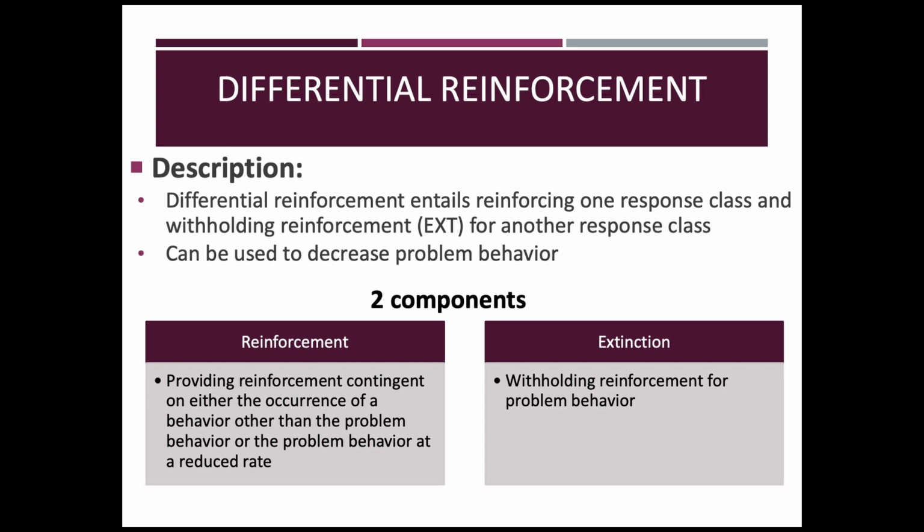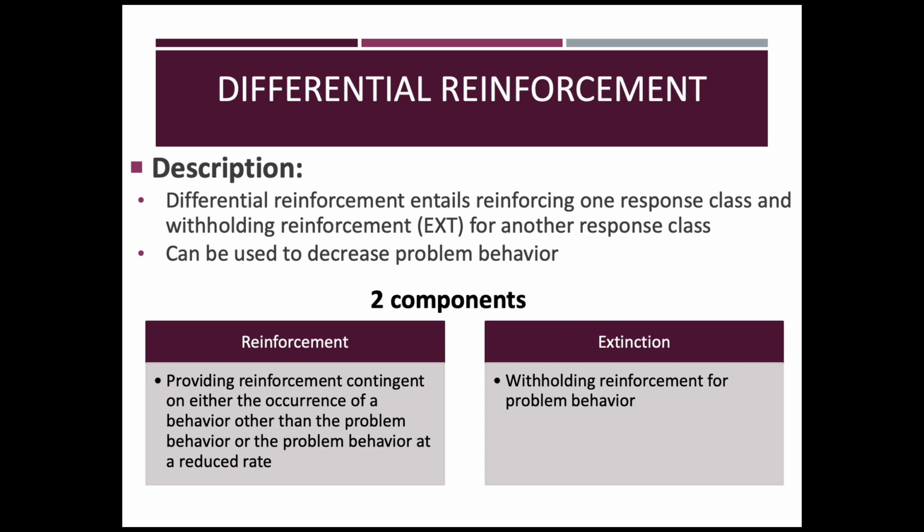So if we conceptualize what's happening procedurally, we are going to deliver reinforcement for some other behavior, right? Whether it is a specific other behavior, which we might call an alternative. We'll get into these variations shortly, but let's just say for now, we're going to reinforce any other behavior except the problem behavior, right?